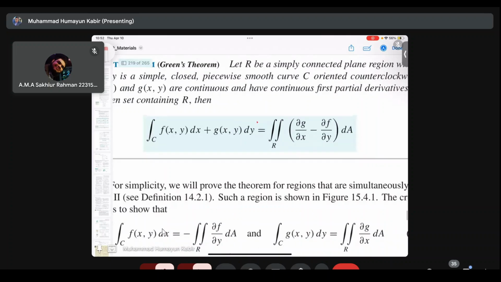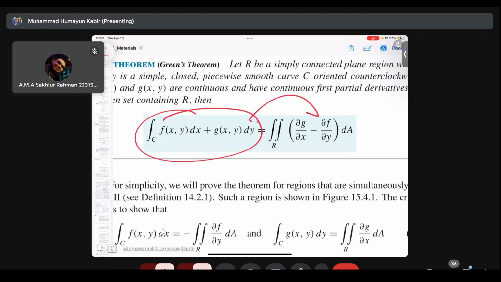And what is the process that was developed by George Green? Since there are two variable functions, the most convenient way is to convert this single integral to a double integral. Then we can easily find its value, because we already learned the process to find the value of a double integral.